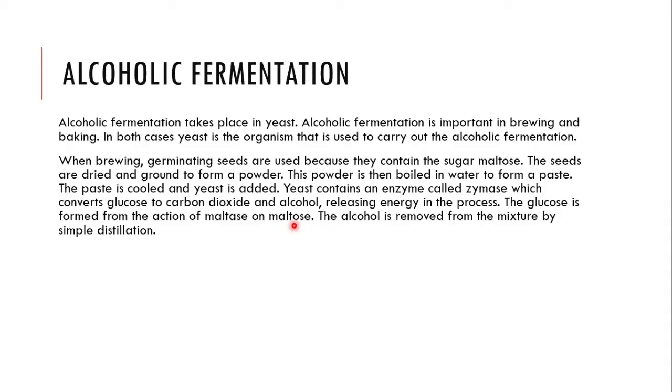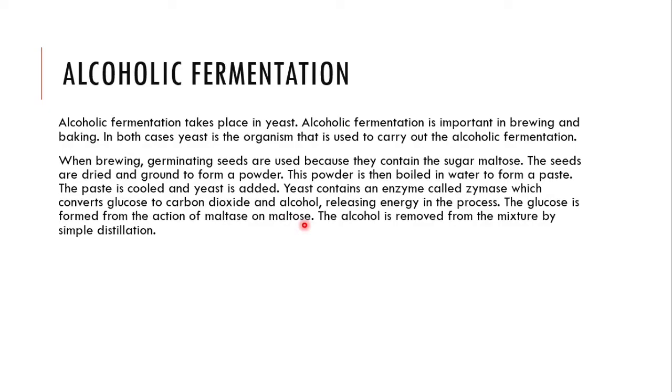Let's pause there for a minute. Remember, I said maltose is made up of glucose plus glucose. These are the components that make up maltose. So, how is glucose formed? Maltase will act on maltose. Maltase is an enzyme.